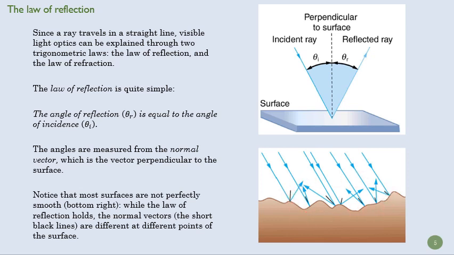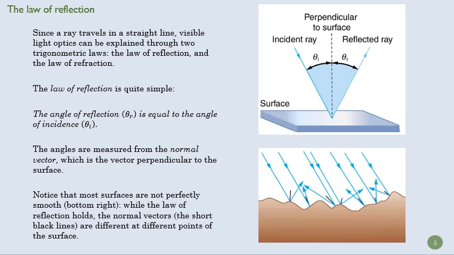Even a tabletop, if we look at it microscopically, is going to have lots of little hills and valleys. Light comes in here, and at each given point we find a normal to the surface, and the law of reflection is true, and it bounces off this way. Here we have a surface that's slanted this way, and so the law of reflection is still true, but the ray bounces off this way.